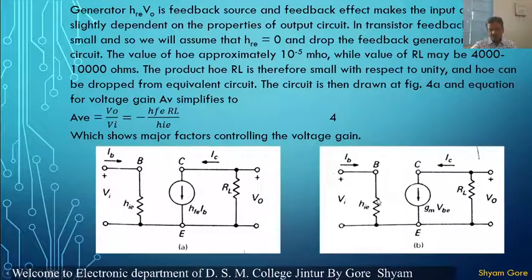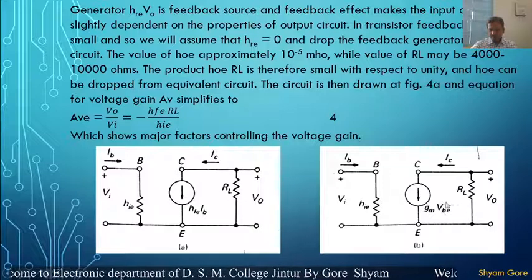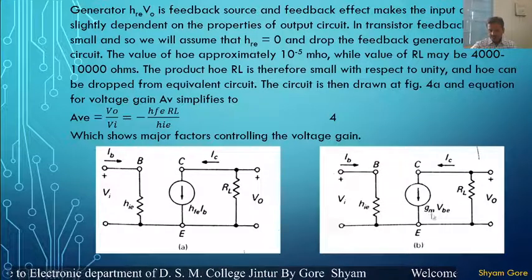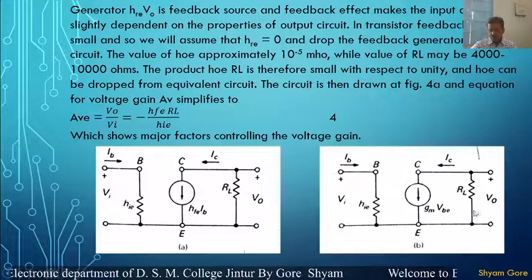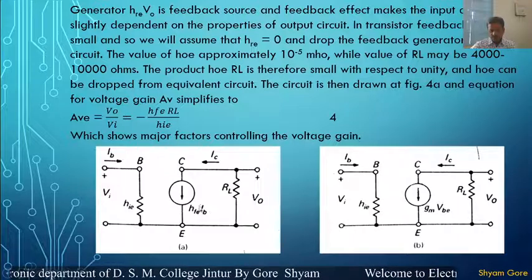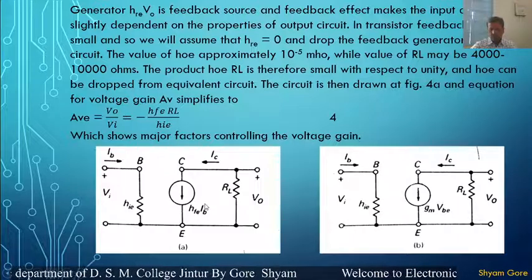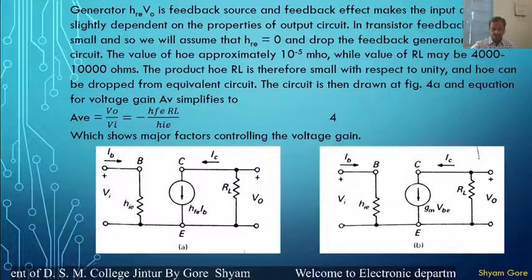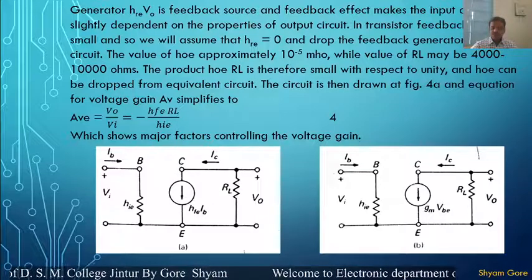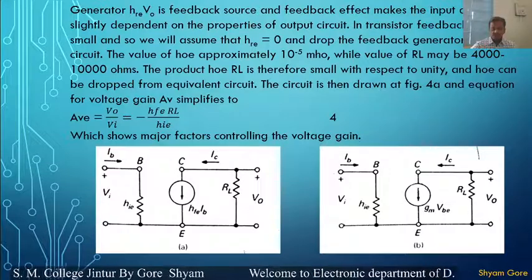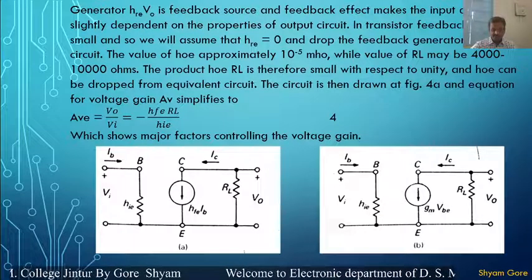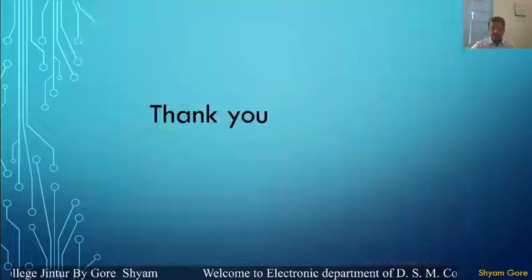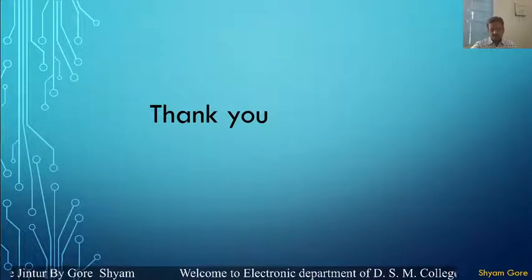Here the H parameters are HIE, and similarly GM into VB or HFE into IB. So, this is the H parameter equivalent circuit for the bipolar junction transistor. Okay, thank you for watching this video.